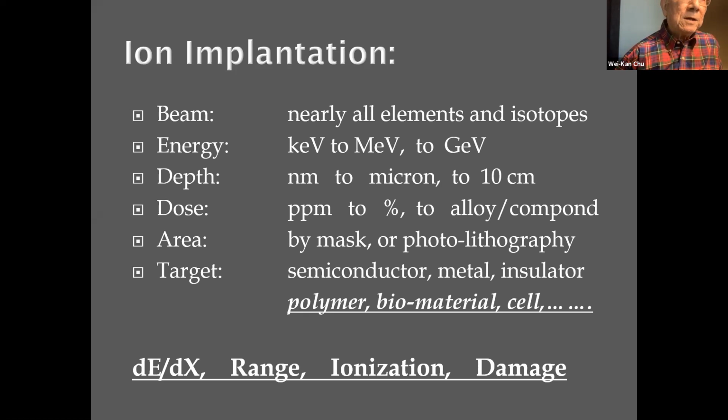But in microelectronics, you want to make a million devices within a square centimeter. That means you're going to have a million windows. You do the implantation. Then you use a second mask and have another million windows, which overlap slightly. Therefore, you can make junctions. So the design of the window, where the window is, the size of the window, and the repetition of the window starts making multiple devices.